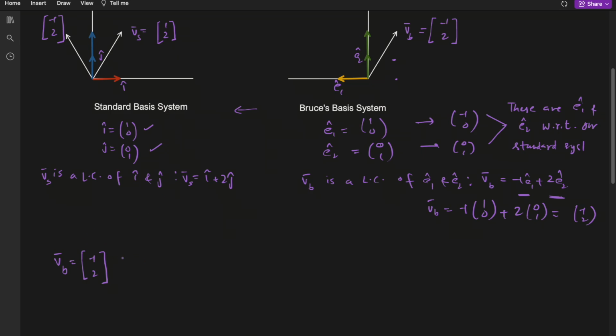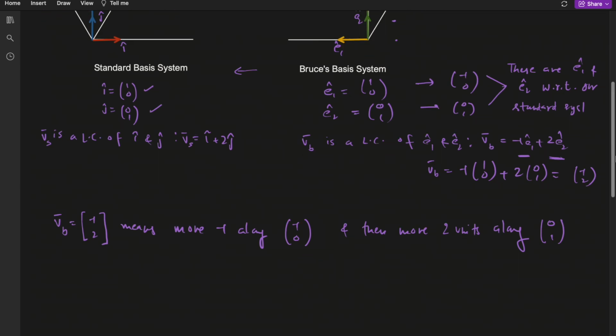So this basically means we need to move -1 along the first basis, along this -1 comma 0, that is the transformed basis set, and then move 2 units along 0 comma 1.